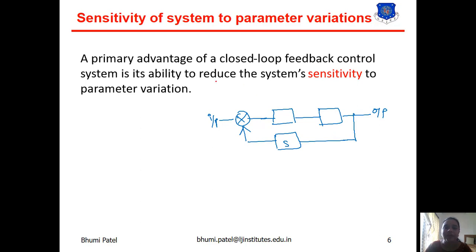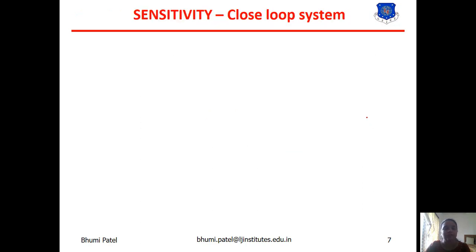So we can reduce the system's sensitivity to parameter variation, because in the open loop system, whenever the system parameter changes, the output will be unstable. So now we have to find the sensitivity for the closed loop system.